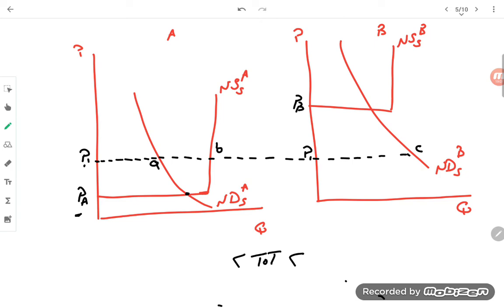So B1A is the quantity demanded of soybeans in country A. B1B is the quantity produced or supplied of soybeans in country A. So this is demand, and this is supply. So AB is excess supply.